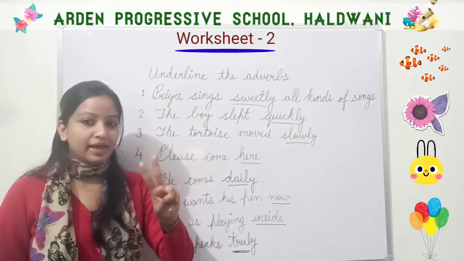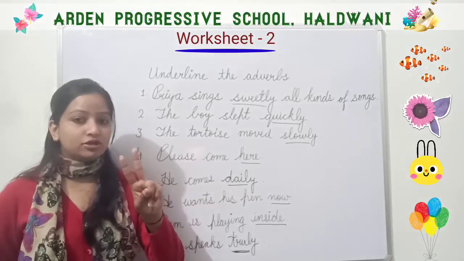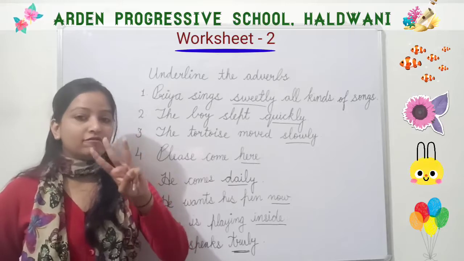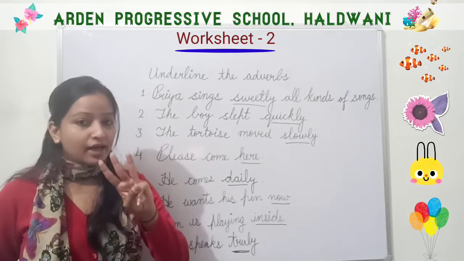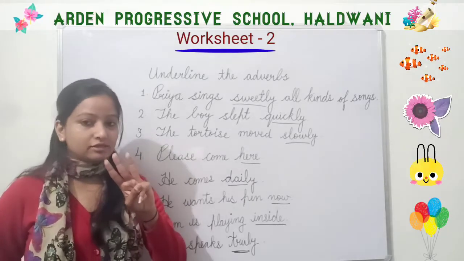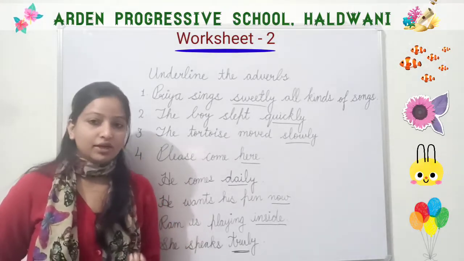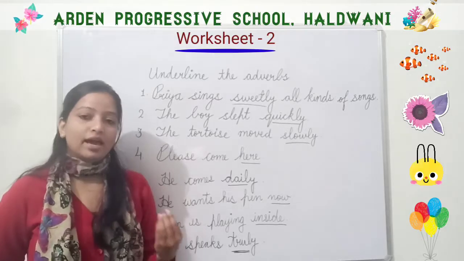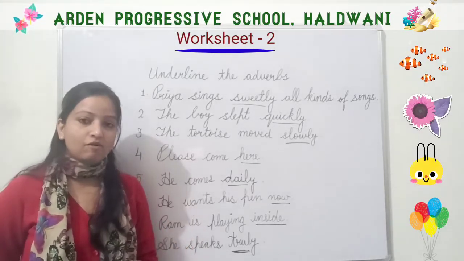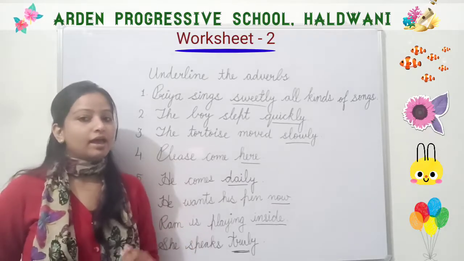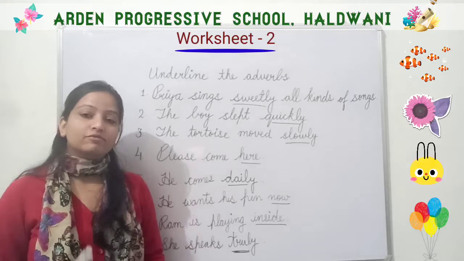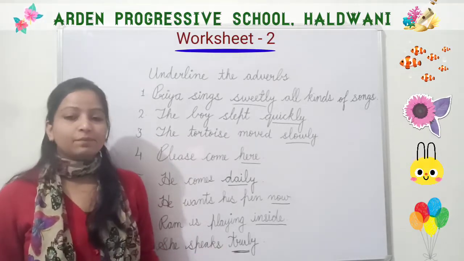Adverb of place answers the question of where the action has been done, and adverb of time answers the question of when the action has been done. And we all know that adverbs modify the verbs, adverbs and adjectives.